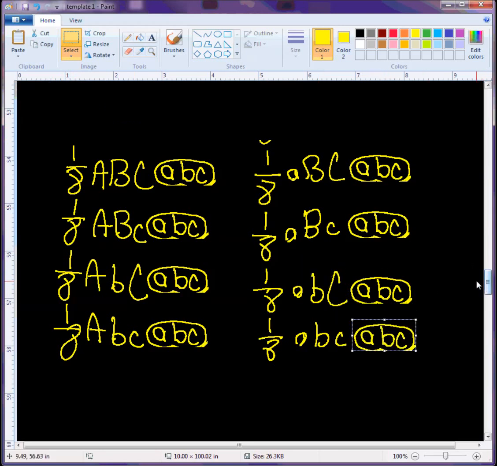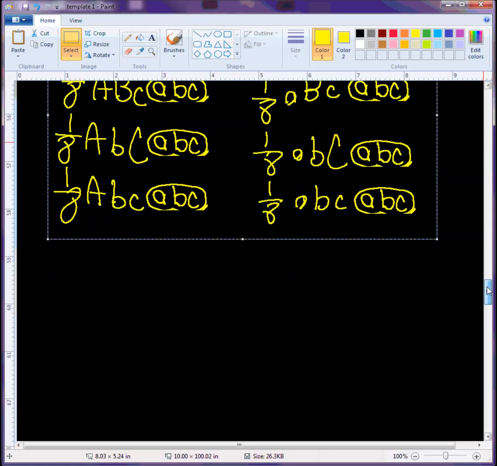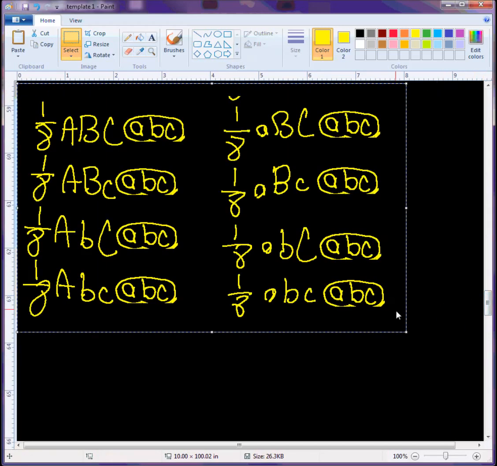So these are the genotypes we should get, and so we can actually use these to calculate the phenotypic ratio. So let me actually copy this so I can shrink this down a little bit. Copy and paste, and I want to shrink this just a little bit.